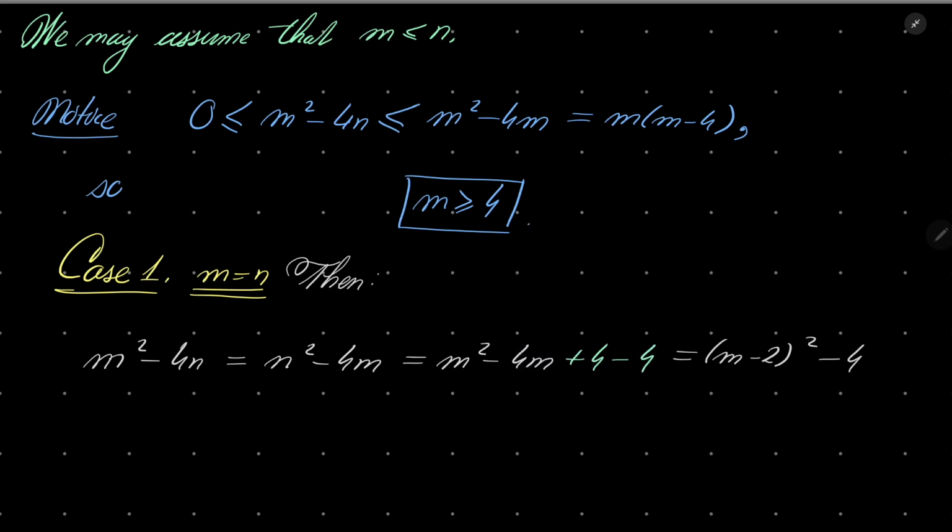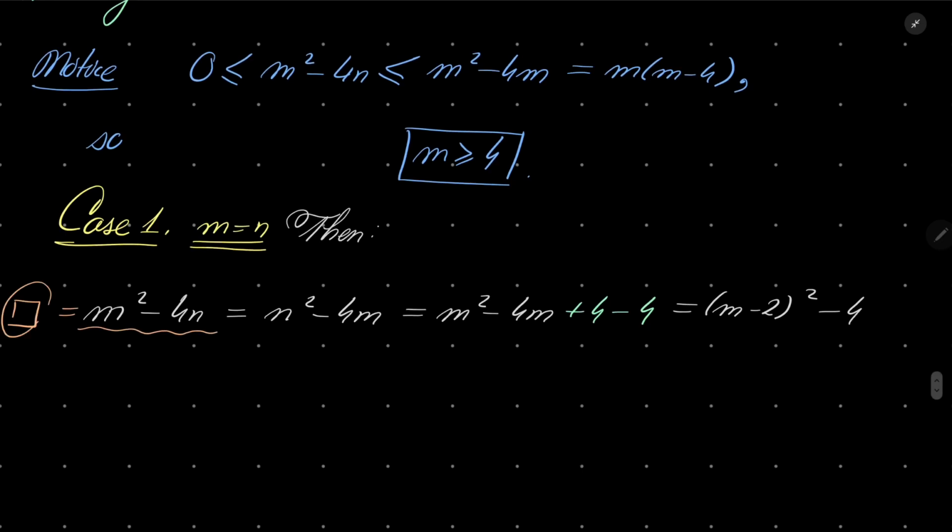And remember that that should be a perfect square. So we have some perfect square equals some other perfect square minus 4.